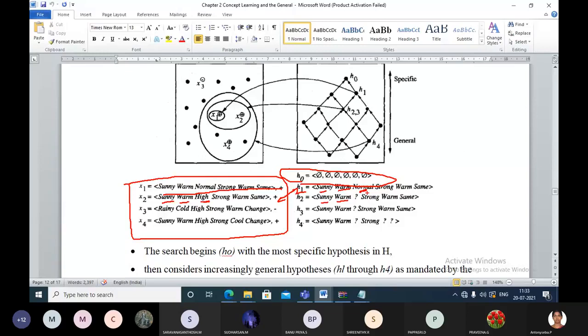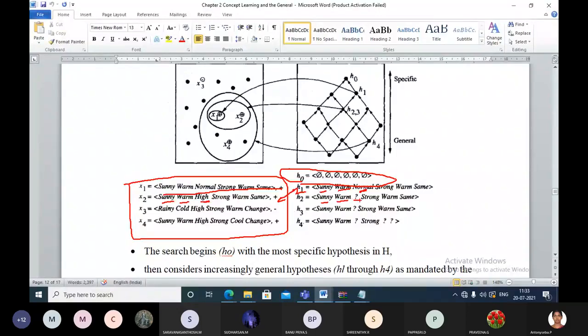In order to generalize, you don't consider the value high, you don't consider the value normal, instead go for a generalization. So use a question mark there for the third attribute value.